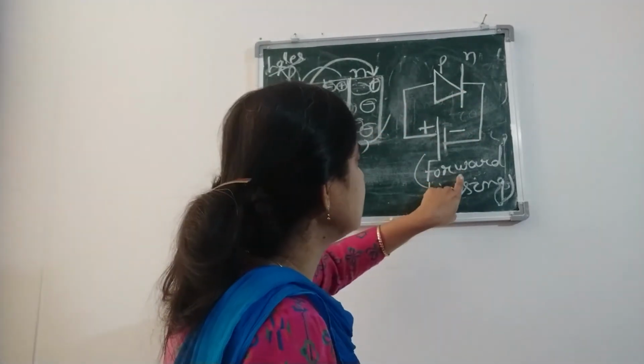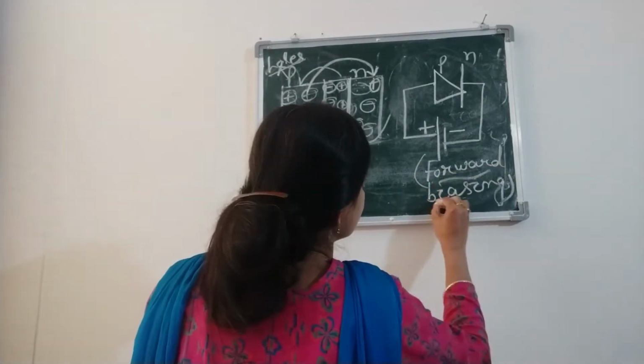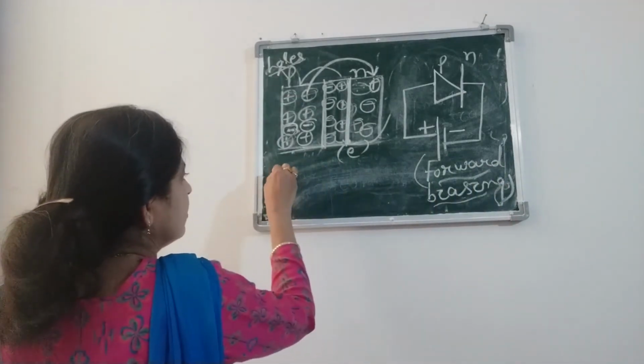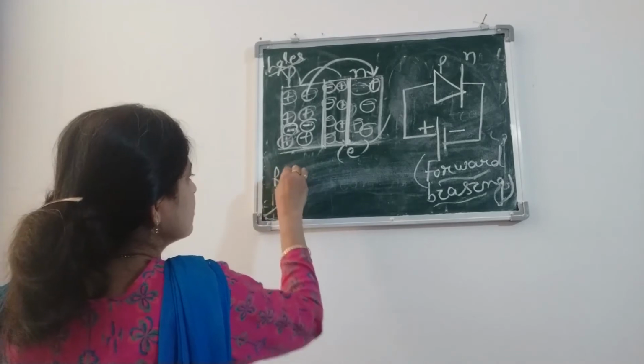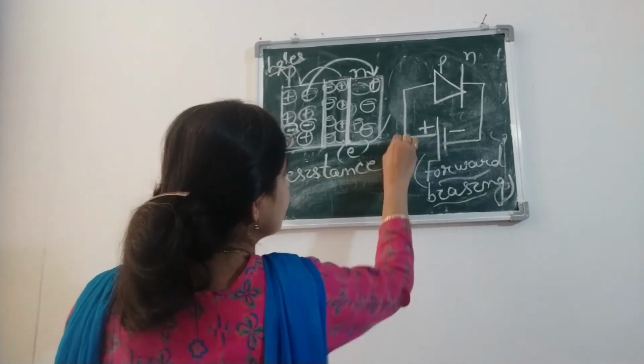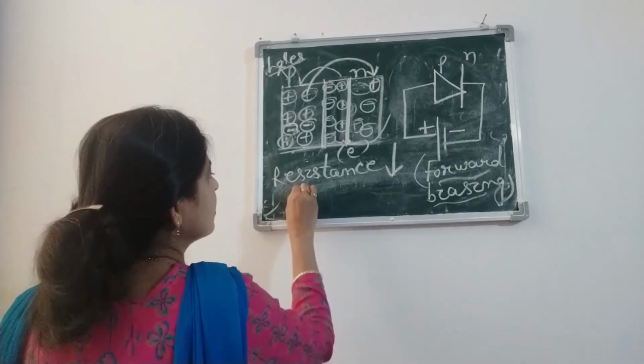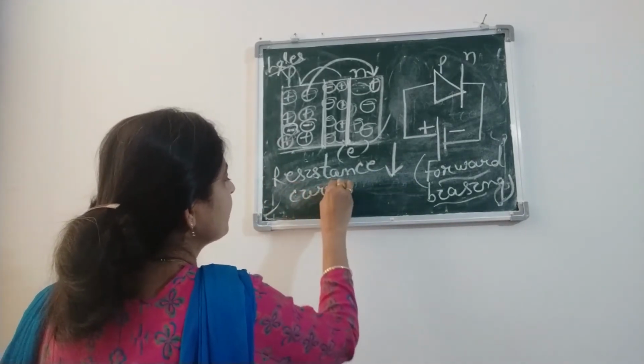But in forward biasing, the resistance will be low. Low resistance means current will flow.